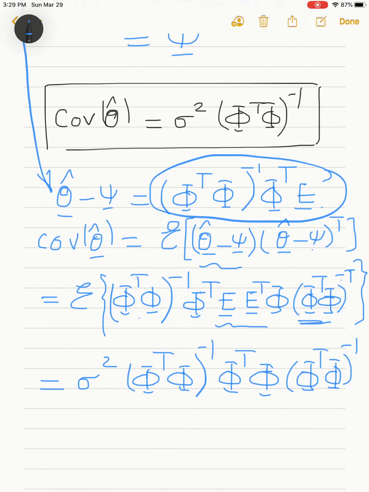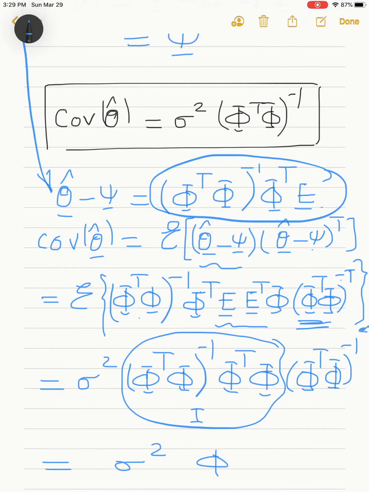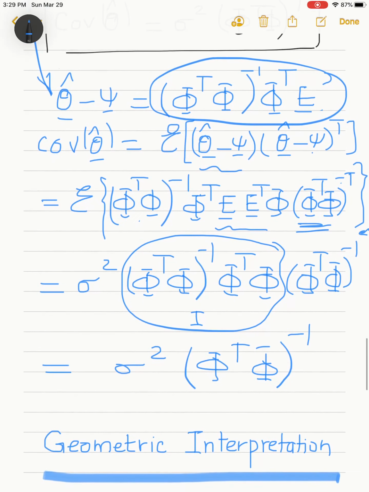Now, since this is a symmetric matrix, its inverse is also symmetric, and the transpose will be just the matrix itself. So I can eliminate the transpose from here, and if you take the product, this will give you the identity matrix, and the final result would be sigma squared times phi transpose phi whole inverse.